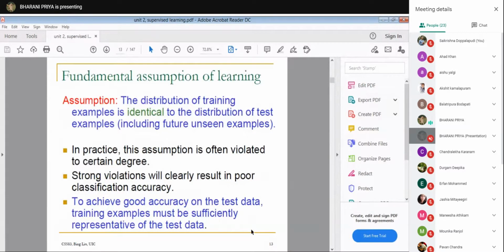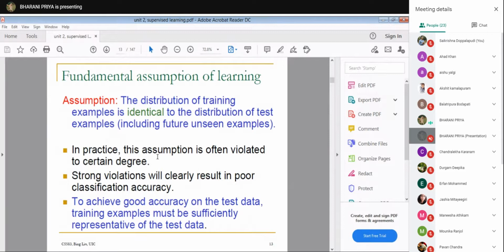So when you are going with a classification problem, the main thing is that when you are using tools for classification, you won't give separate training data and testing data. Sometimes you may, if you are writing your own algorithms.